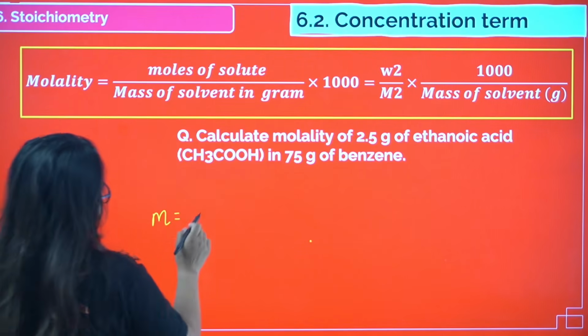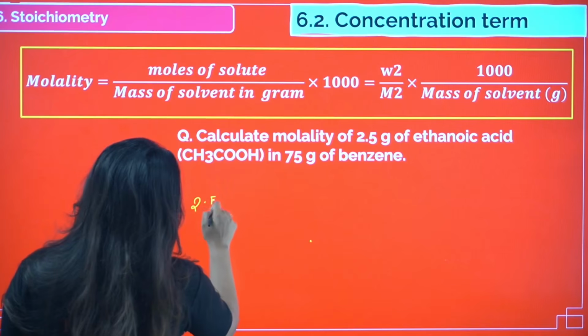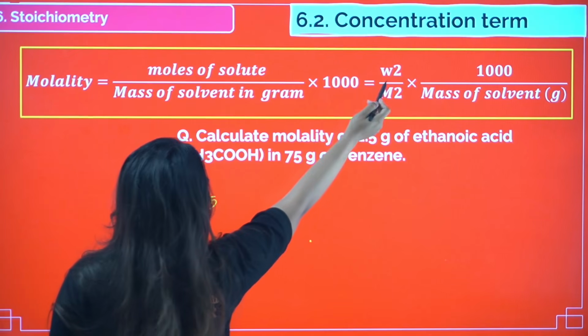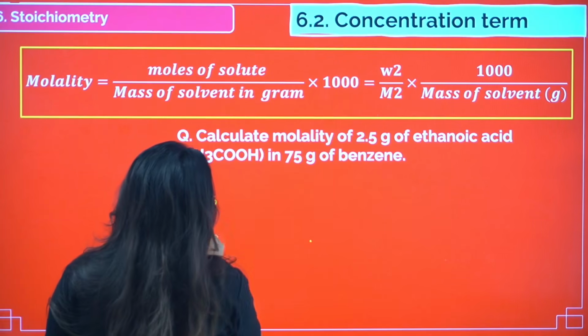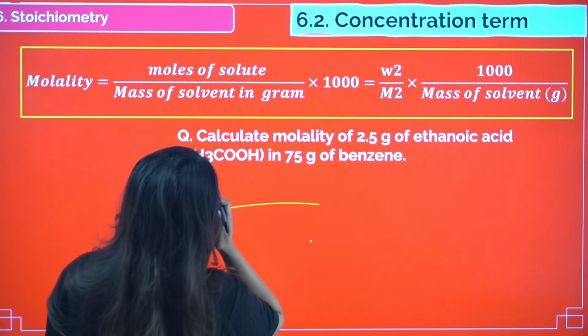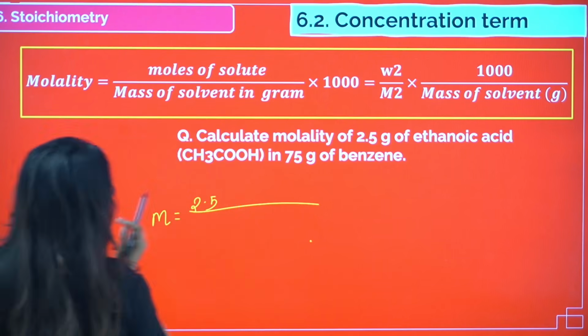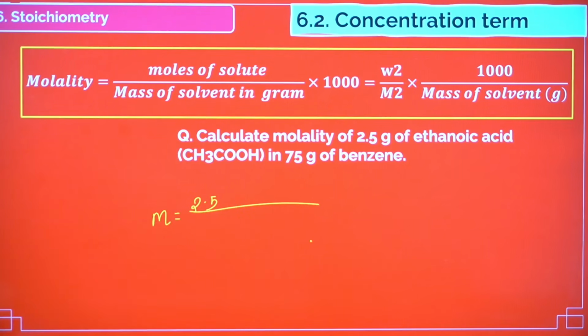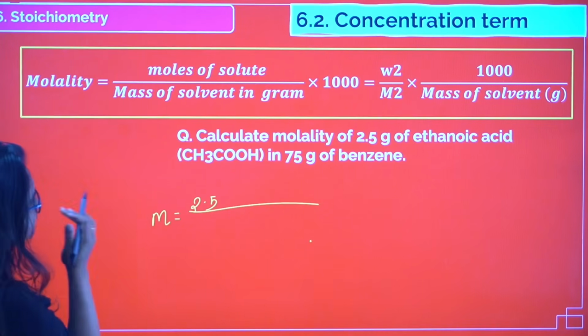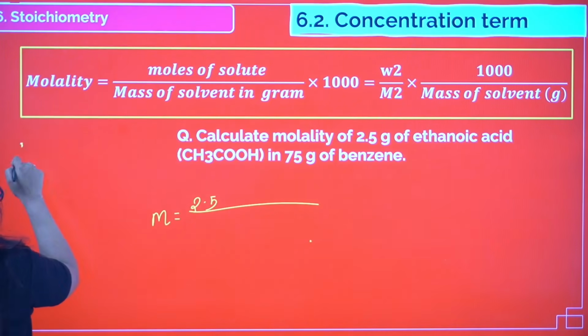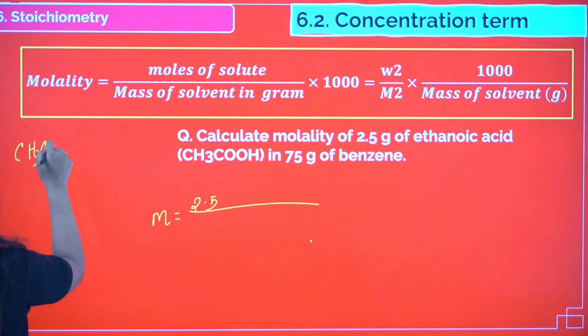So that is 2.5 gram, the given weight of the solute, divided by the molecular weight of ethanoic acid. Molecular weight of ethanoic acid we need to calculate. Let's calculate the molecular weight of ethanoic acid, that is CH3COOH, acetic acid basically.